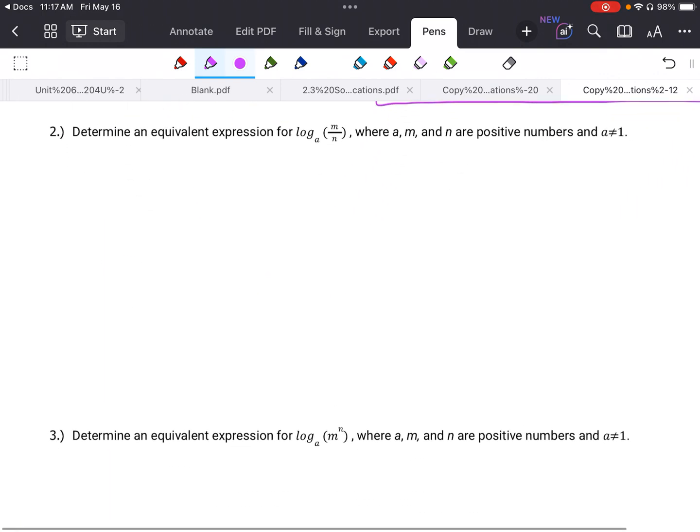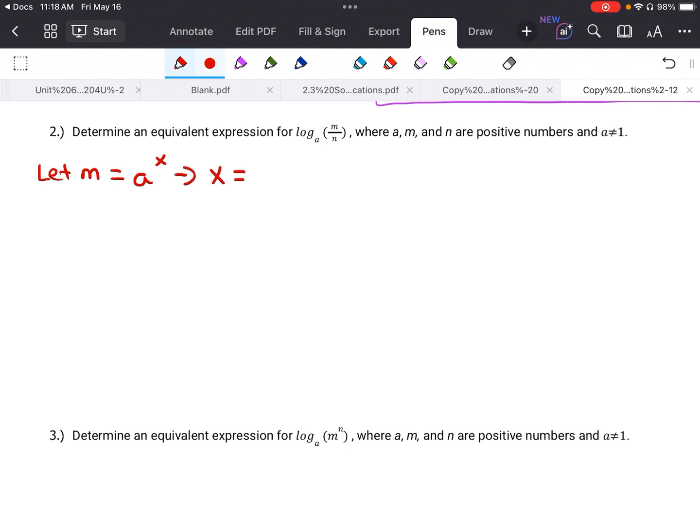Number two, determine an equivalent expression for log base a of m divided by n. We're going to do the same thing. Let m be equivalent to a to the power x, which translates to x equals log base a of m.